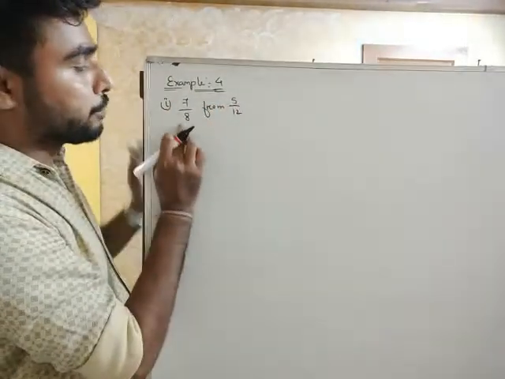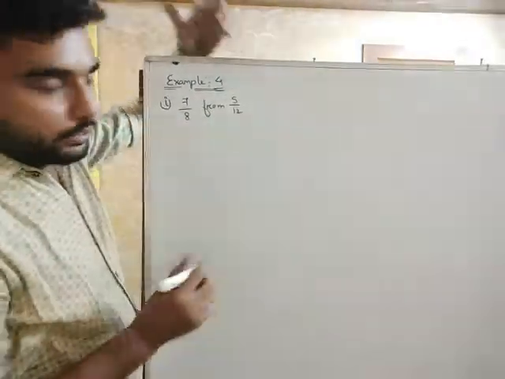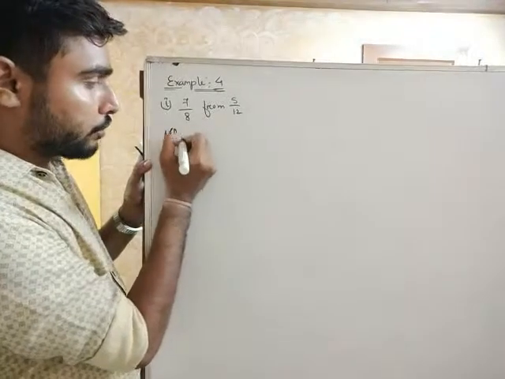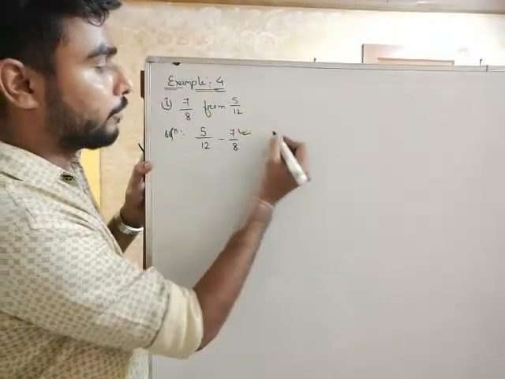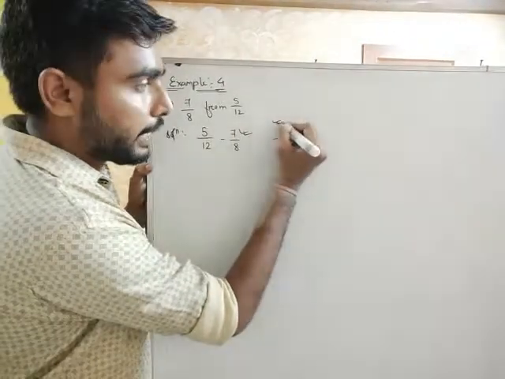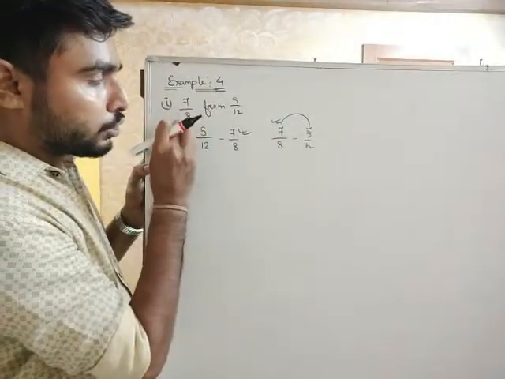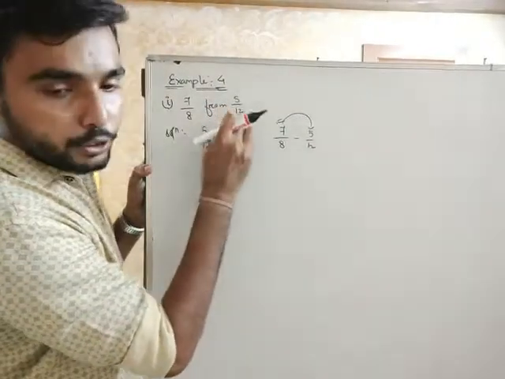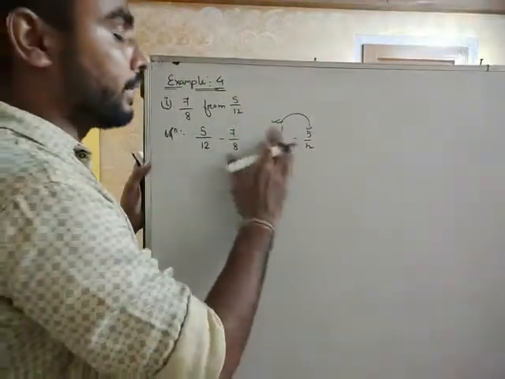So 7 by 8 should be subtracted from this, so you have to subtract from 5 by 12. You will write it like this: 5 by 12 minus 7 by 8. This is the correct one. If you write 7 by 8 minus 5 by 12, then you are subtracting from 7 by 8, but the question says to subtract from 5 by 12. So 5 by 12 will be written before and 7 by 8 will be written after.